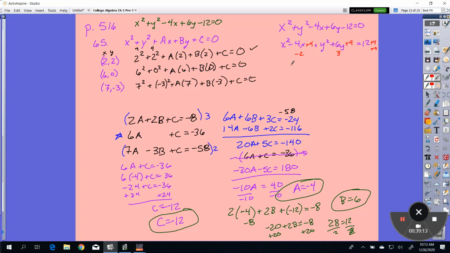So then this factors to be x minus 2 squared plus y plus 3 squared. And over here we have equals 25. So the center of my circle is at 2, negative 3 with a radius of 5. So anyways, that's a pretty long process to get to there, but that's what that problem is.